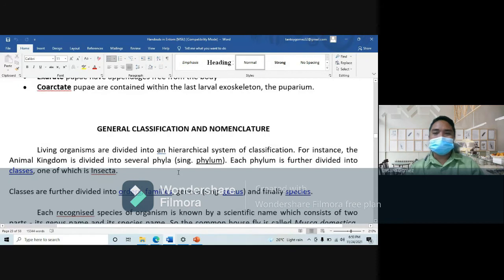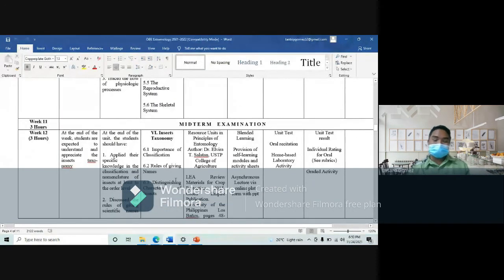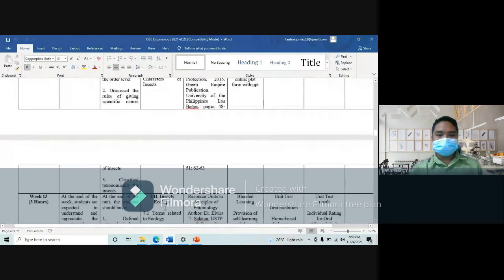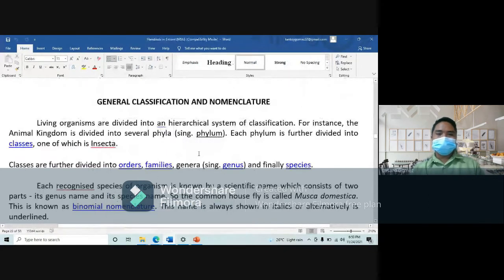Okay? So, let's move to our chapter 6, insects taxonomy. The importance of classification, the rules of giving names, the different distinguishing characteristics of an insects. Okay, so we'll discuss this one. Okay, and general classification and nomenclature of an insect.